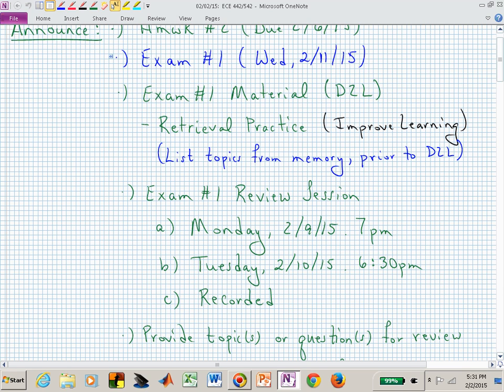Now, to get you thinking about exam number 1 and to relate this to what you had to do on your passport as far as learning, how do you learn and what's an effective way to do some of this learning, one of the concepts was retrieving information or ideas or solution techniques that you've seen or worked on in the past.